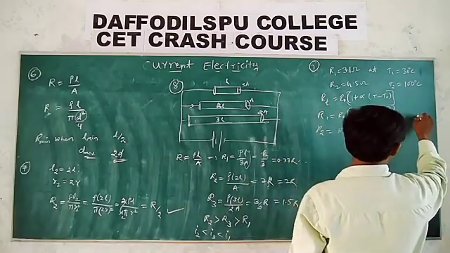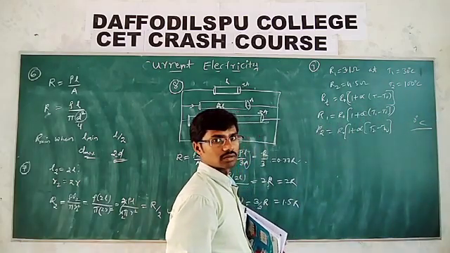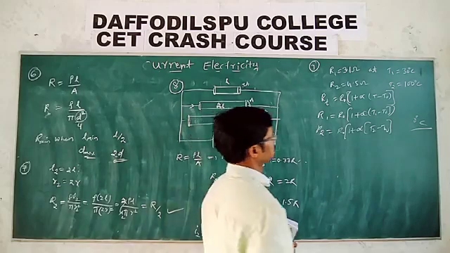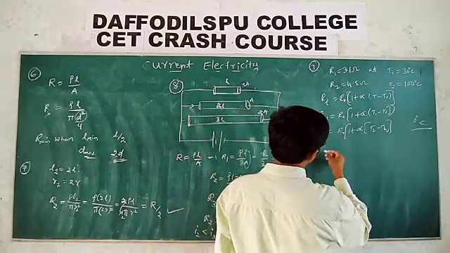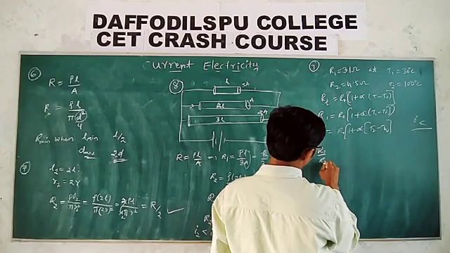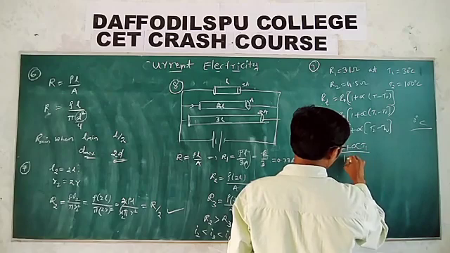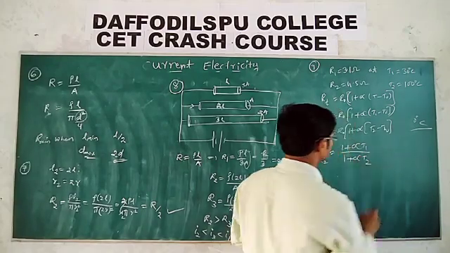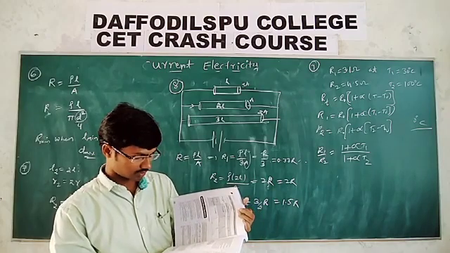Let us take T0 as 0 degrees Celsius. At 0 degrees Celsius, this is the formula. Then R1 by R2 is equal to, R0 cancels, 1 plus alpha T1 by 1 plus alpha T2.